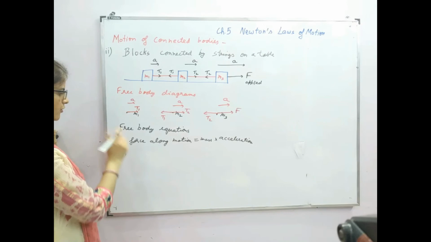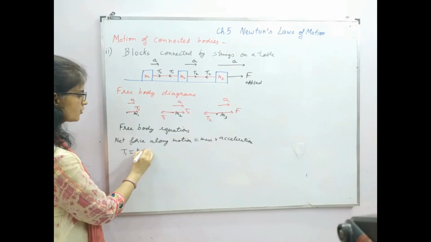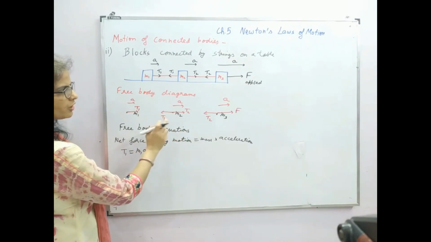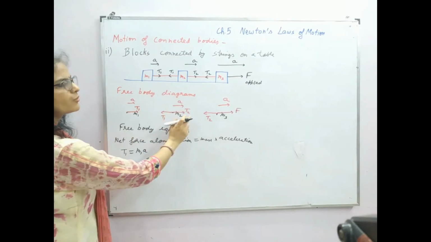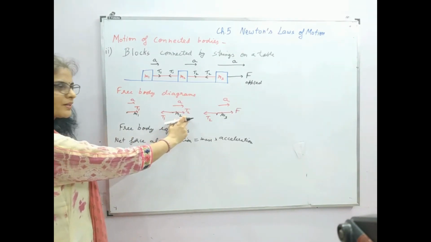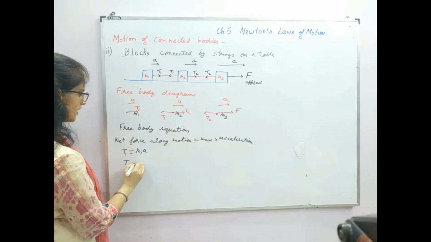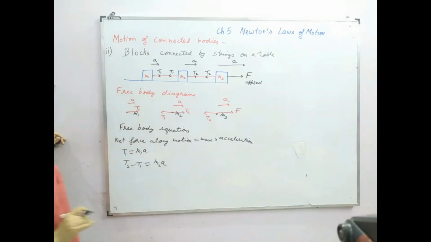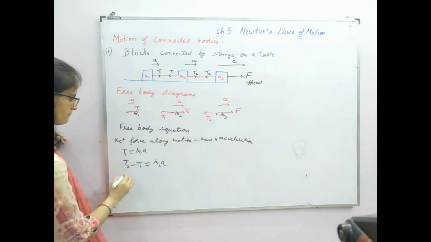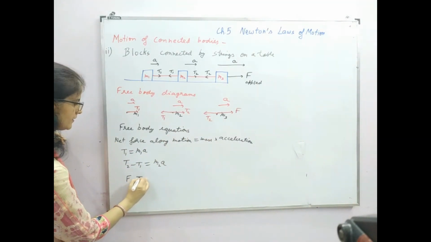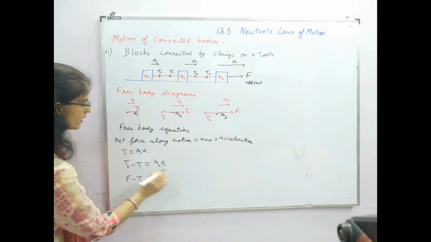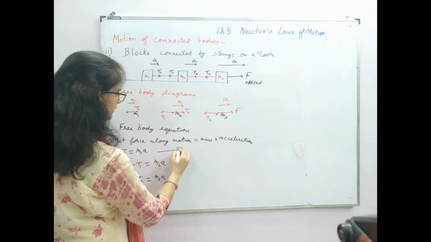Only T1 is the right force. So this is M1 into A for first mass. For second mass, net force along motion, obviously the motion is right side. So which one will be greater? T2 will be greater. So we will have T2 minus T1 is equal to M2 into A. Similarly for this, F minus T2 is equal to M3 into A. So these are our free body equations.